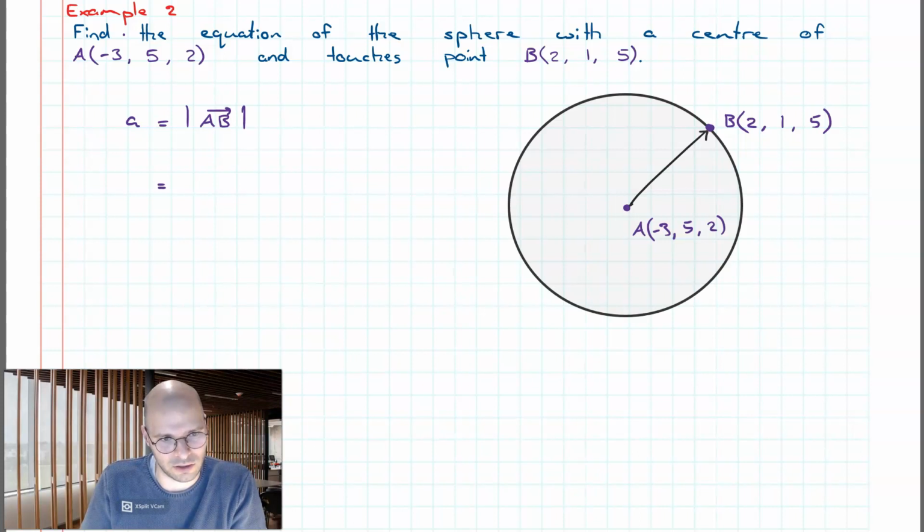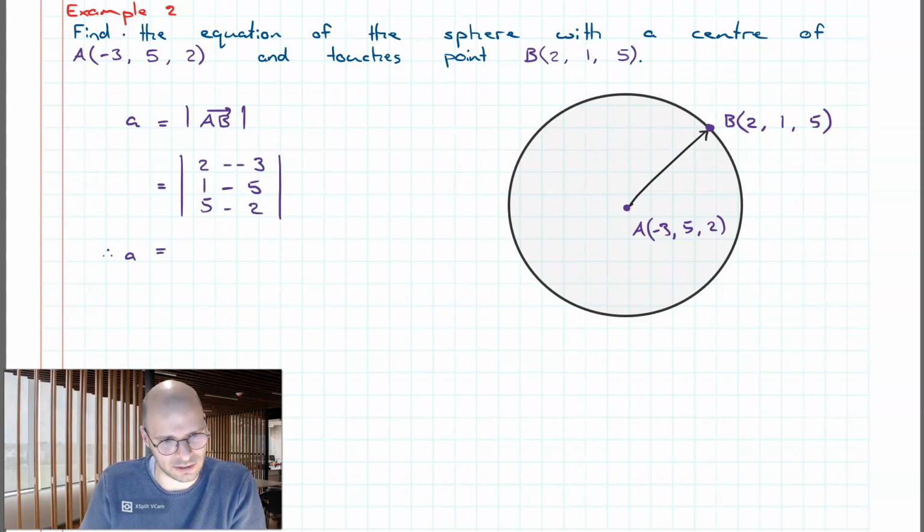Vector AB, of course, equaling first B, which is (2, 1, 5), subtract (-3, 5, 2).